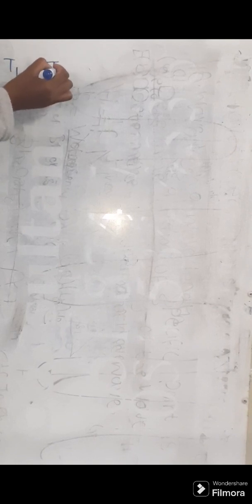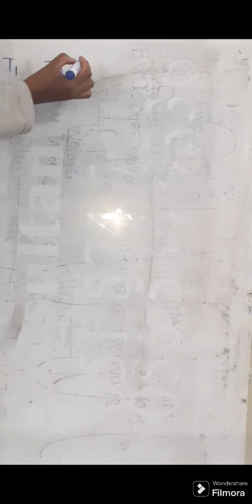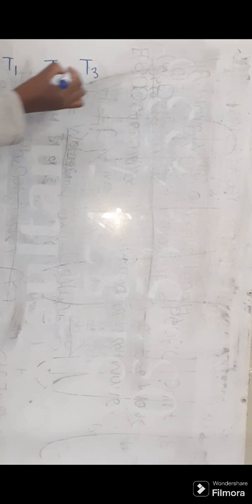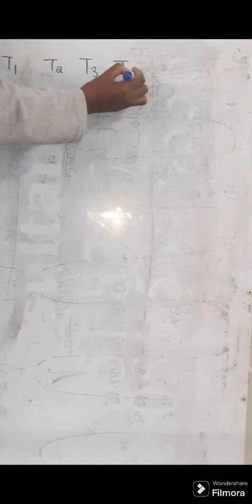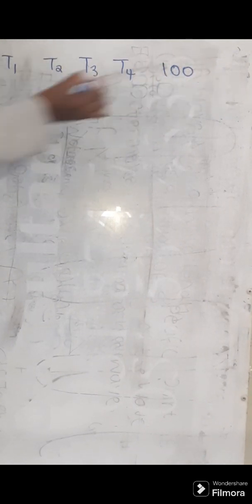1.1.4. Now we have term 1. We don't know what is term 1. And then we have term 2 here, term 3, term 4, and then we were told that term 5 is 100, right?